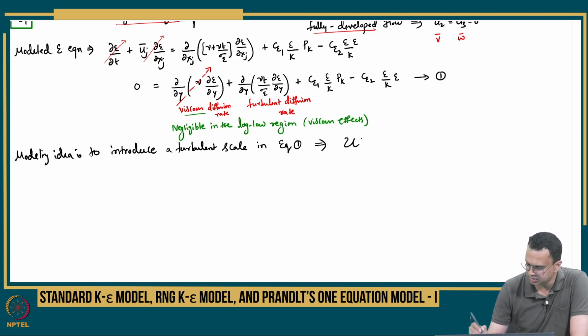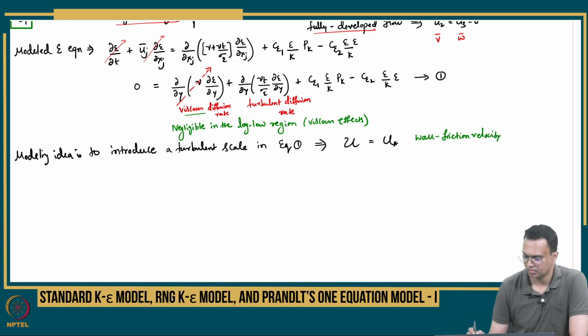I would like to use u star, that is the wall friction velocity. And I would like to introduce a turbulent length scale. As the turbulent length scale, I use the mixing length, kappa y, where kappa is one common constant.